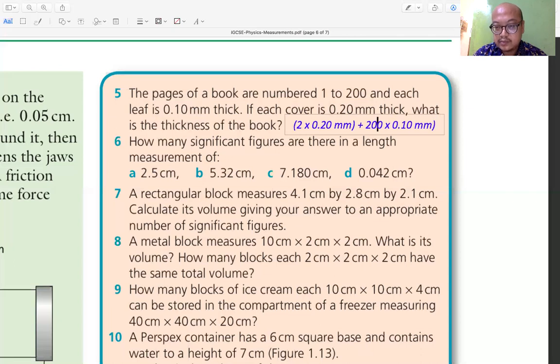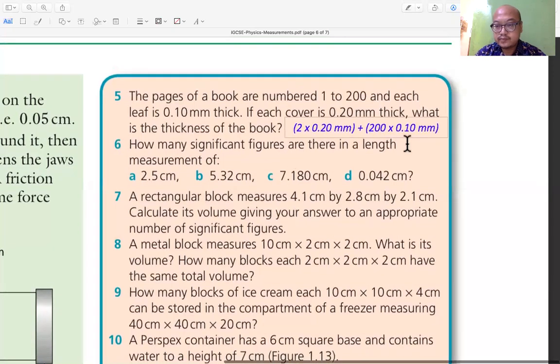So this is 0.40 millimeter plus 200 times 0.1, which is 20.0 millimeter.